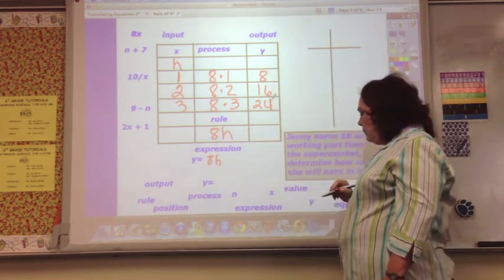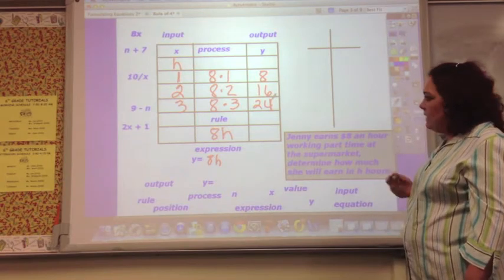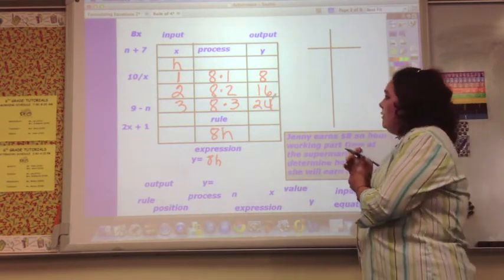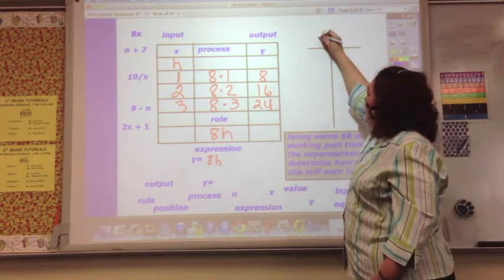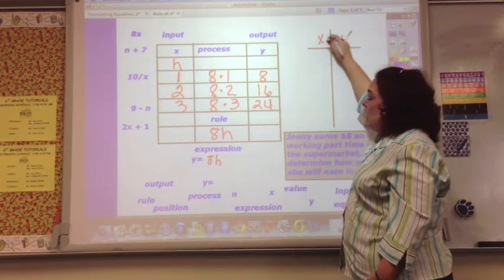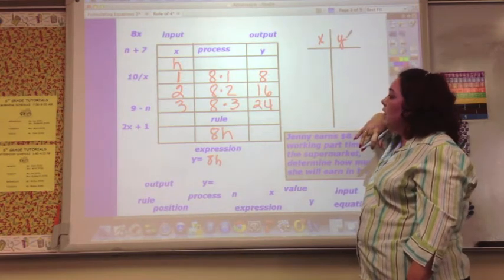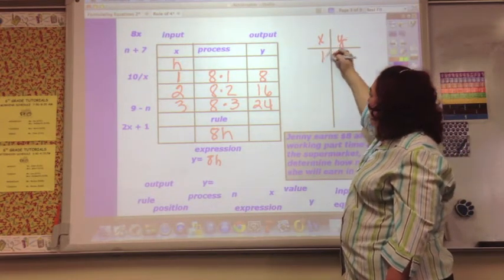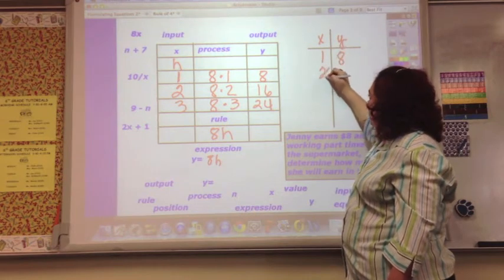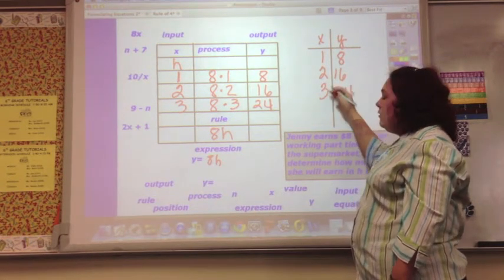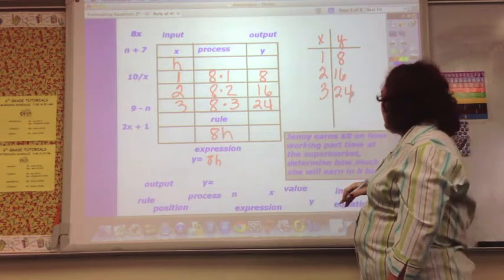And the last thing that you would want to do on this problem would be to set up your coordinate plane, x and y, your t-chart, to represent your x and y coordinates. So you've got 1 and 8, 2 and 16, 3 and 24, and you could continue this.